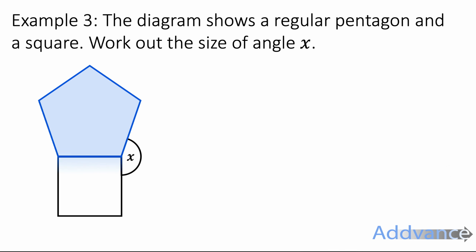Now let's have a look at example 3. The diagram shows a regular pentagon and a square. Work out the size of angle x. Okay, so we need to find these other two angles here to subtract from 360, because all three of those angles together will add to make 360.